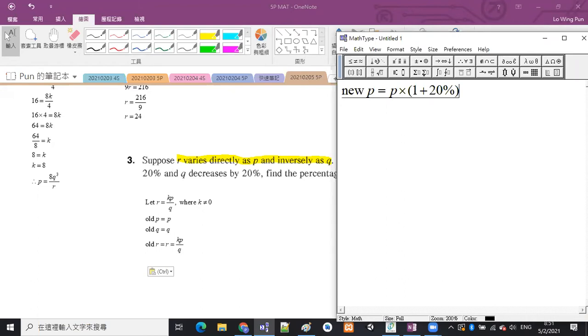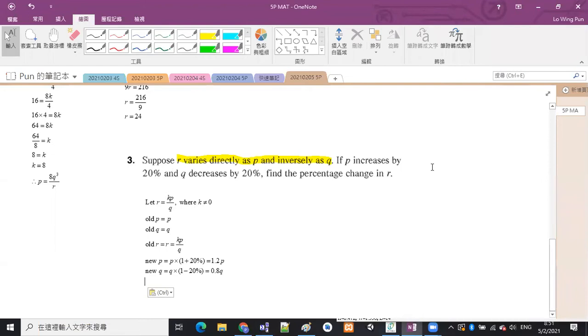But 1 plus 20% is 1.2 and then times P. Okay, and then new Q. Q decreases by 20%. Should be Q times 1 minus, this time because it is decrease, 20%, and it should be equal to 0.8 Q.